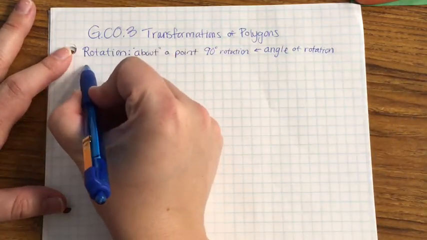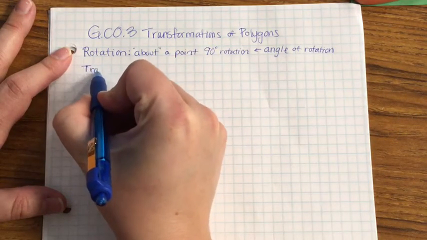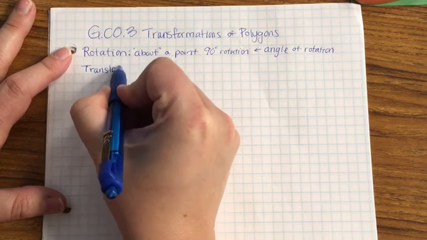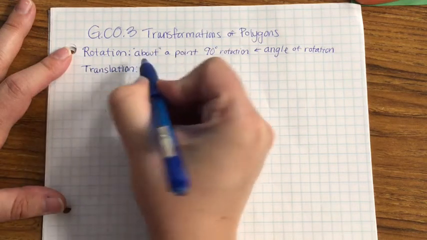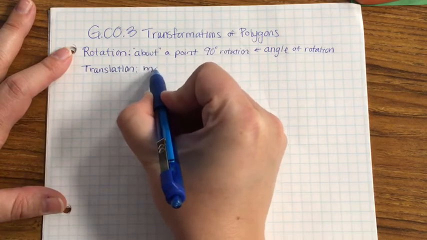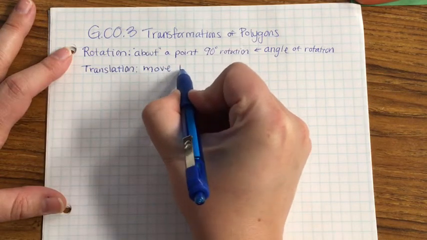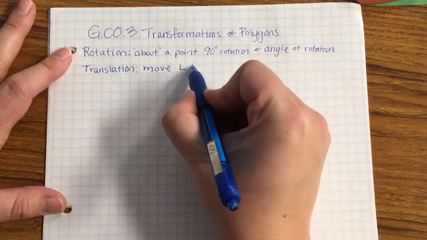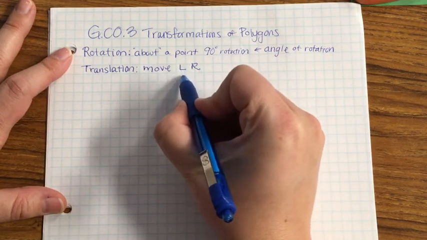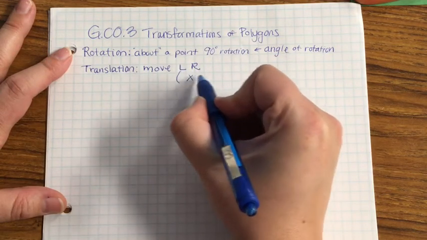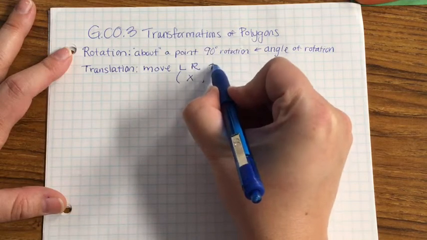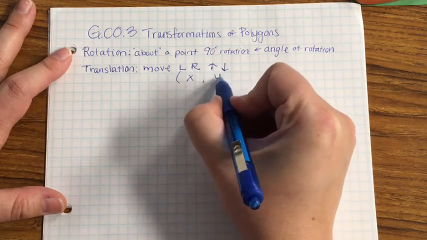Then we have translation, and that's where you just move everything. Move it left or right, that's the X. Or up or down, and that's the Y.